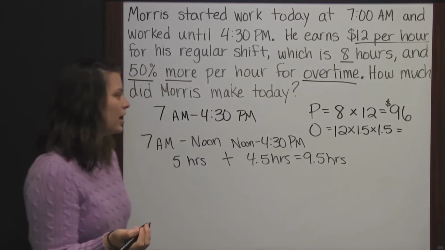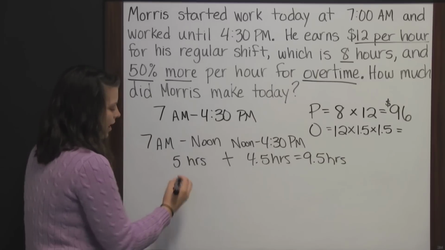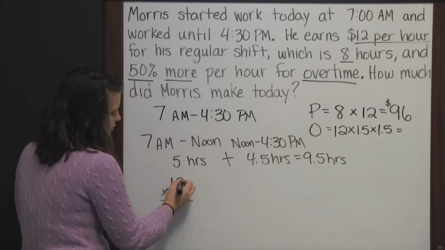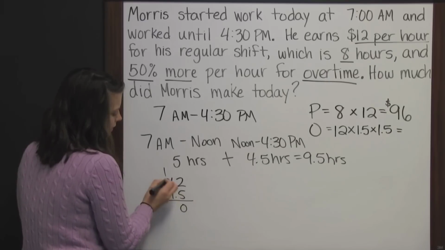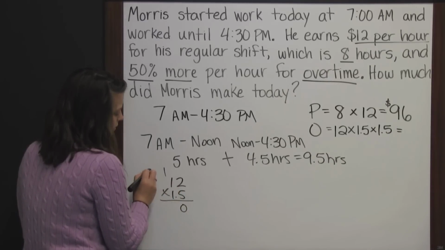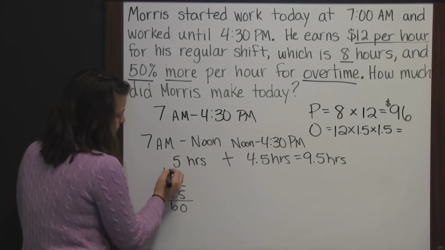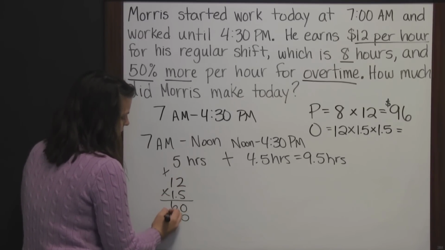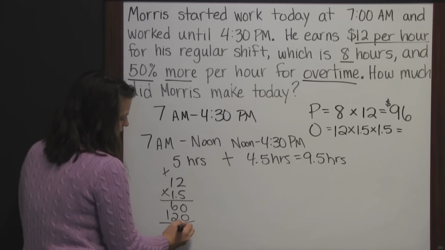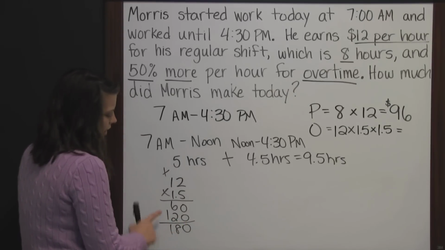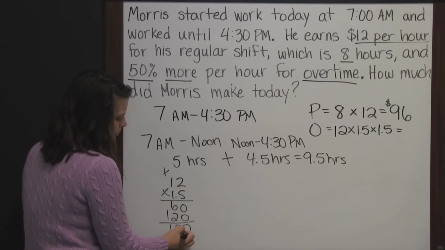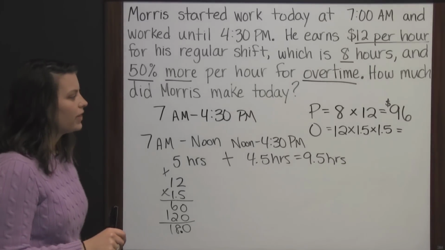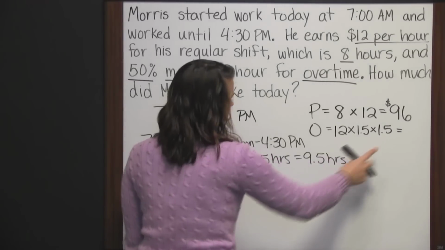So first I'm going to multiply 12 times 1.5. 5 times 2 is 10, carry the 1. 5 times 1 is 5, plus 1 is 6. Put a 0 placeholder. 1 times 2 is 2. 1 times 1 is 1. So we add this together and we get 180, but there's one number behind the decimal. So that means that he was making $18 an hour for that 1.5 hours that he worked overtime.